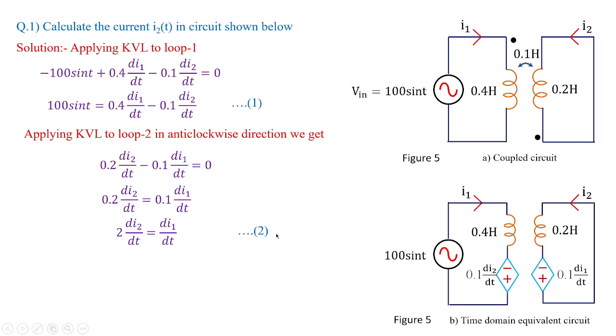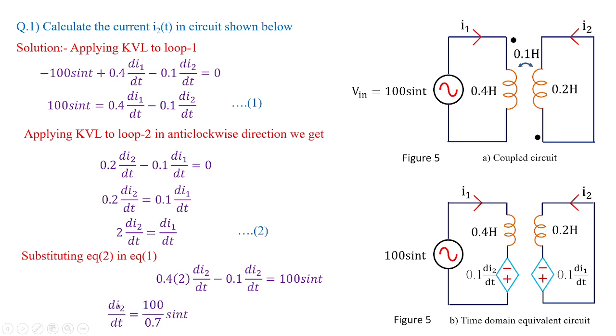Now once we are done with equation 1 and equation 2, our interest is to find I2 of t. So I'm going to substitute equation 2 in equation 1. I have 0.4 di1/dt, and di1/dt value is 2 times di2/dt. So 0.4 times 2 di2/dt minus 0.1 di2/dt equal to 100 sin t. This becomes 0.8 minus 0.1, which is 0.7 di2/dt.